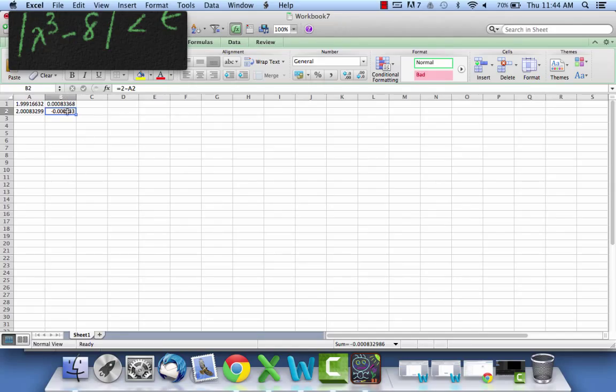If I were to go 0.00083368 to the right of 2, I would get values that I have no reason to believe make f of x minus 4 less than epsilon. But I can safely go 0.000833 to the left because I haven't gone as far as I'm allowed to go right here. So that's why I choose the smaller delta.